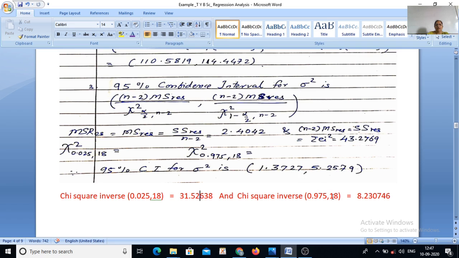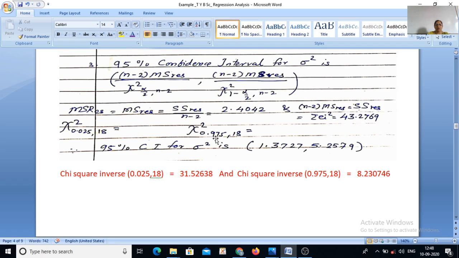And if I divide 43.2769 by 8.230, I will get the upper limit. So the 95% confidence interval for population variance sigma square is 1.37272 to 5.2579.